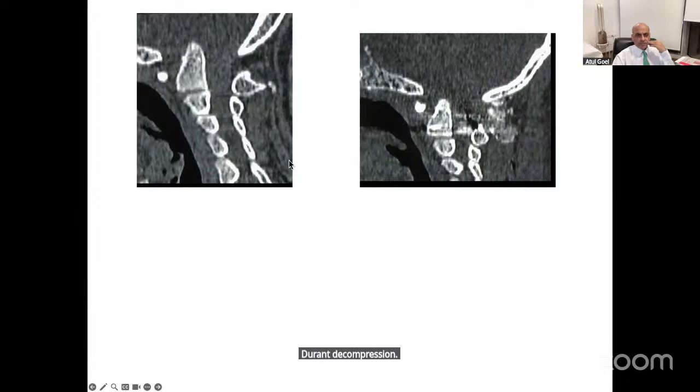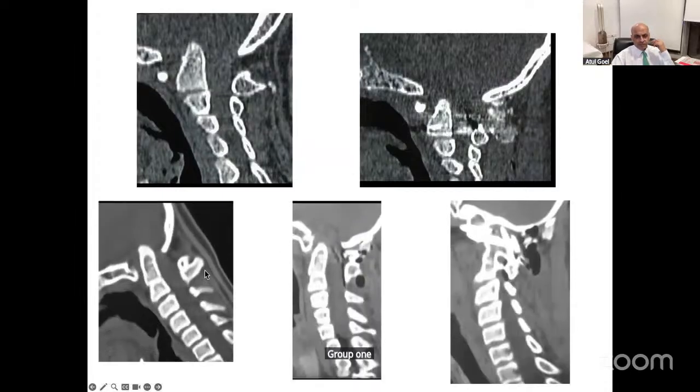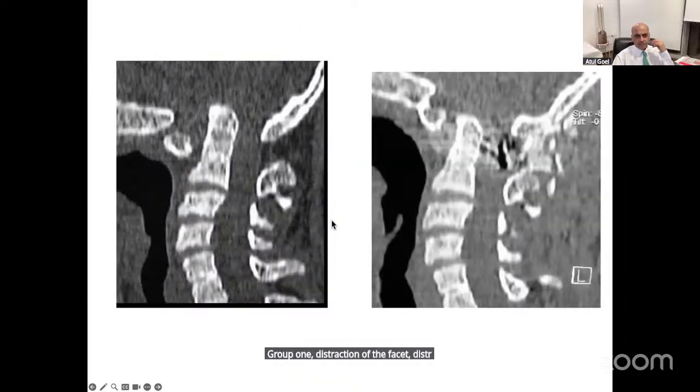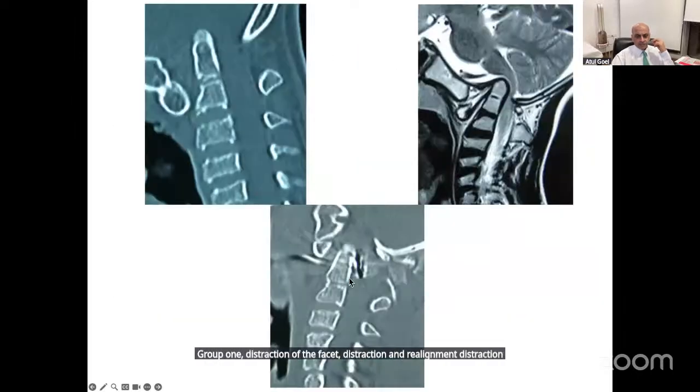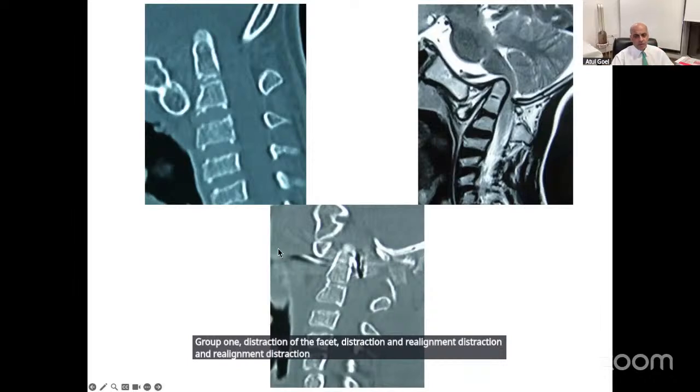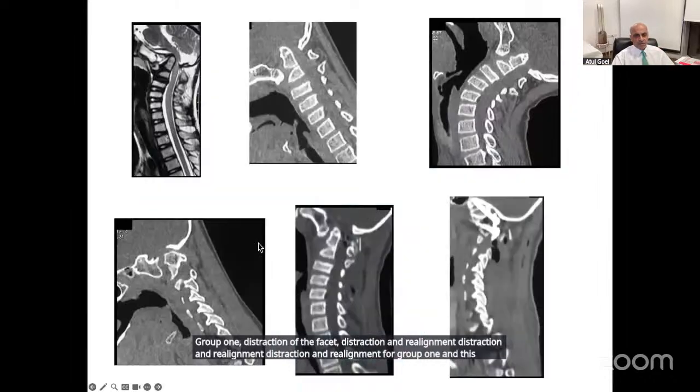And over the years, group 1, distraction of the facet, distraction and realignment for group 1. And this we had discussed in our last lecture about distraction, reduction, and fixation.